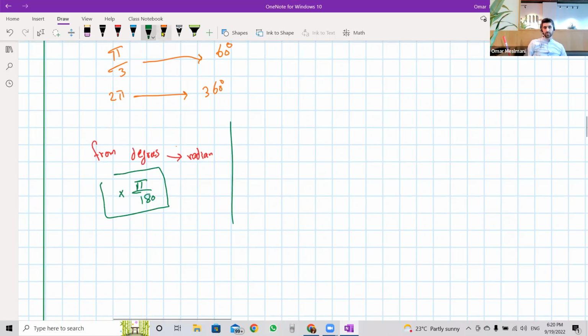If you want to change the opposite, from radian to degrees, you multiply by 180 over pi. Memorize it: from degrees to radian, pi over 180. From radian to degrees, 180 over pi.